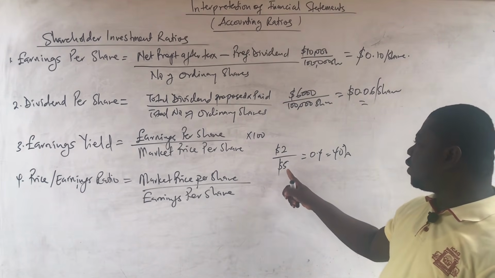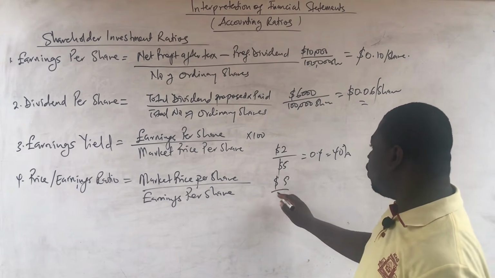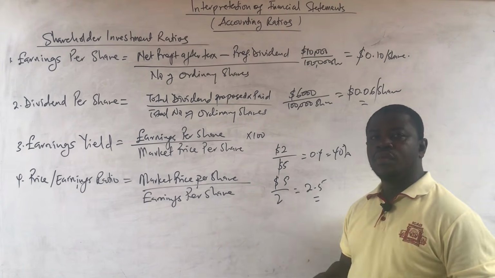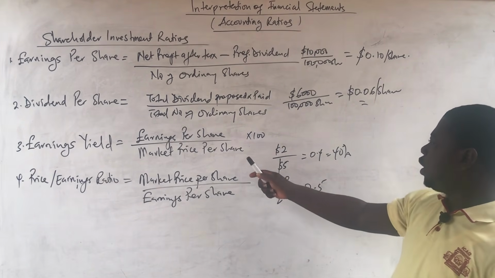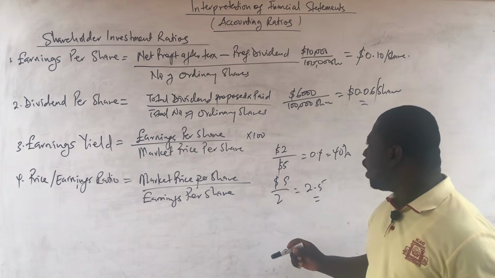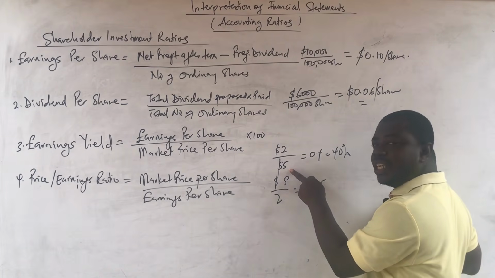And you see, in this case, if you are using the same figures over here, it's going to be $5 over 2, and that is going to give us 2.5. Now, this is the meaning. Remember that with the earnings yield, I interpreted it that for every year, I'm going to get 40% of the value I am investing in the price.